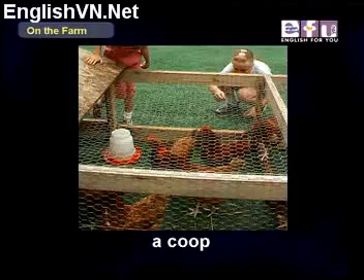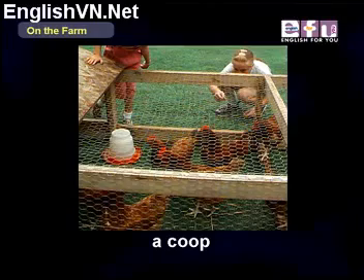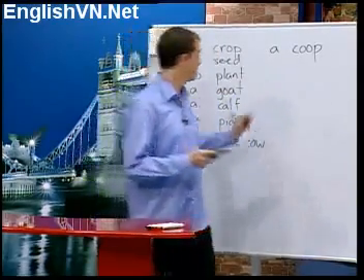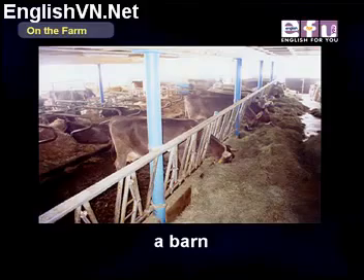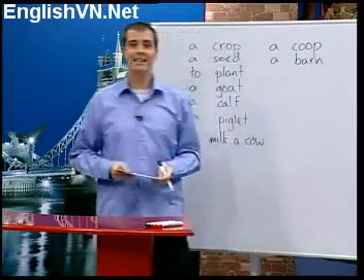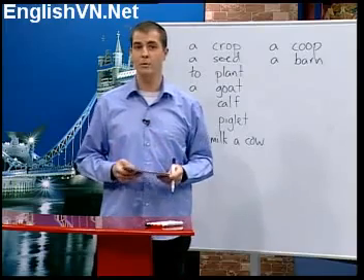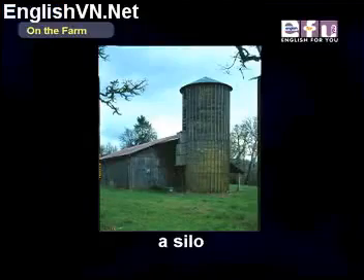Okay, we'll go over here for the next ones. We have a coop. Chickens live in a coop. A barn. A barn is a large building used for keeping crops or animals in. A silo.